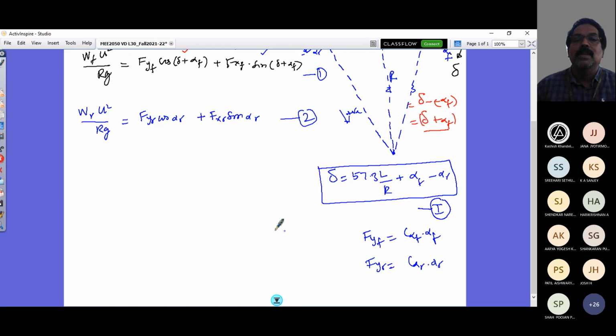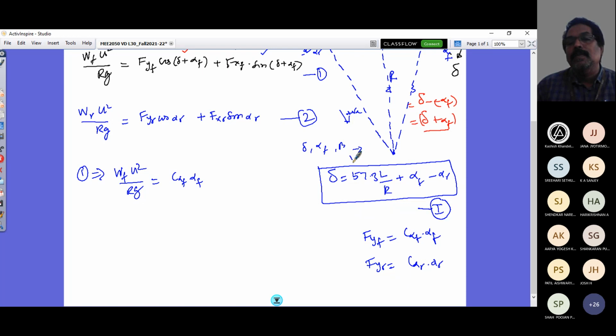So knowing this, I'm going to plug into equation 1 and 2. And my equation 1 is going to become now WF U squared by RG on the right hand side. That's equal to here FyF. So FyF will be C alpha F into alpha F. And the cos of this angle. So this angle delta, alpha F, beta, all are very small angles.